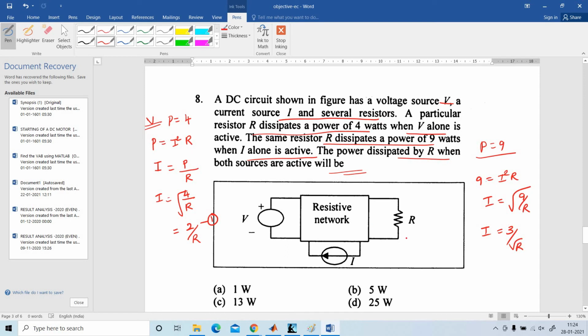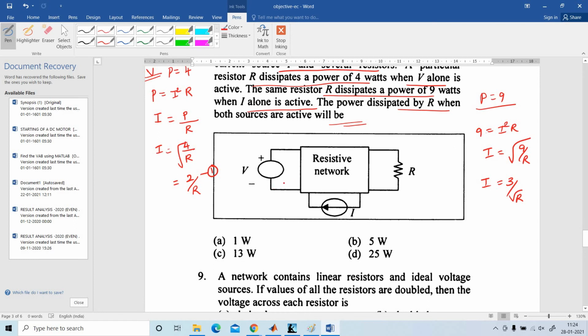Okay, next, if both the sources are active, so the total current is the summation.